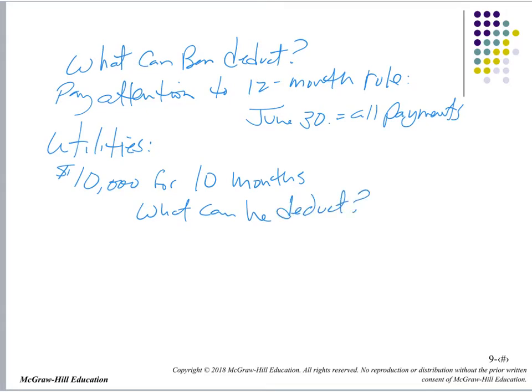Well, you have to ask yourself two questions. Does this go beyond 12 months? He's got 10 months of utilities that he paid for in advance. Does the benefit go beyond 12 months? No. So that's the first question.